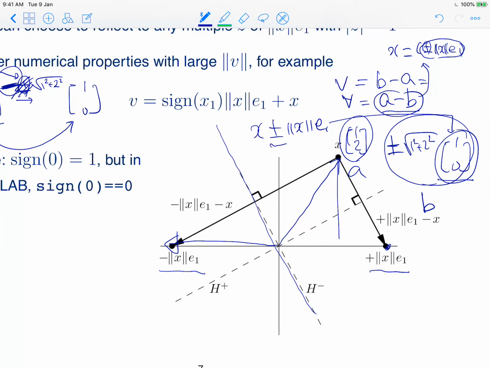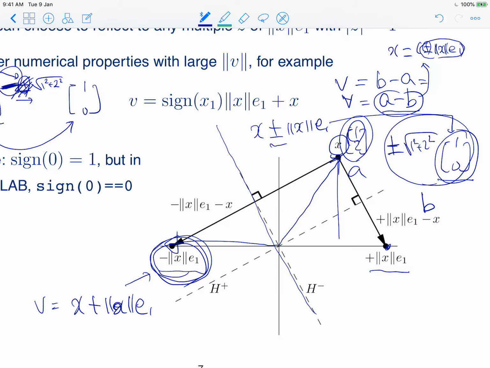So intuitively, if we have an x that has the positive sign in the first dimension originally, then our reflection point is chosen as this point. Okay, so in this case, our vector v is x plus this guy, right? So we actually select the reflection point that has a different sign in terms of the first dimension.